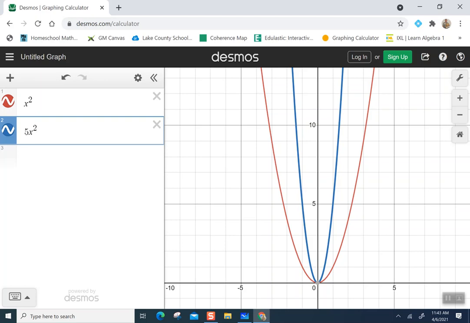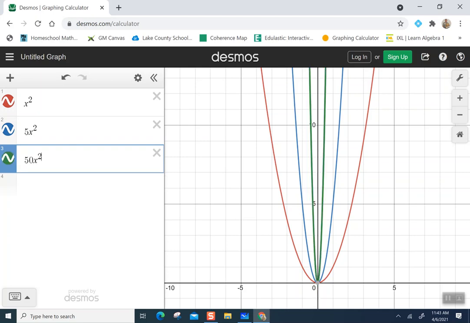What do you think is going to happen if I do, I don't know, let's go with 50x squared. There you go. Look, it's even getting closer and closer together. Again, it's like the two lines are being pushed this way so that it gets closer and closer.